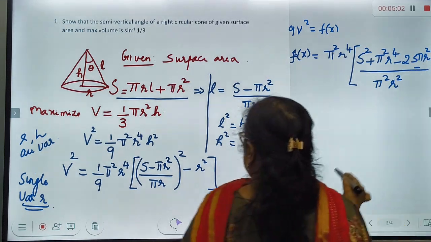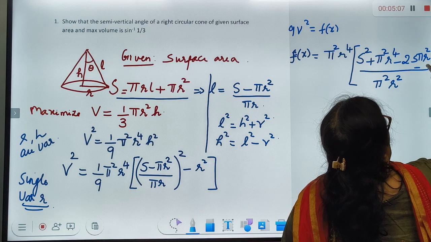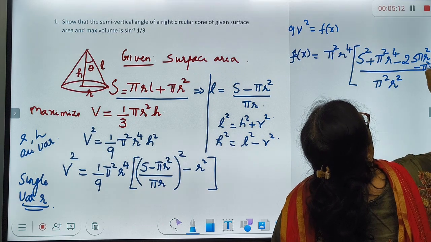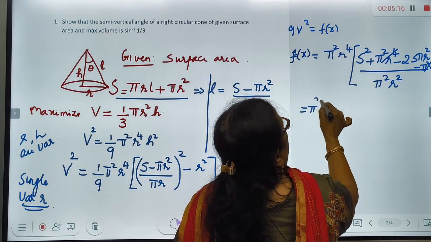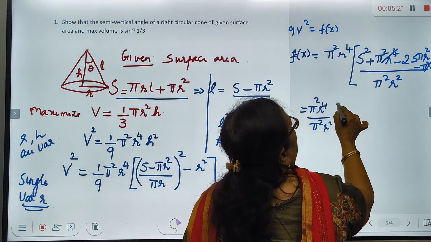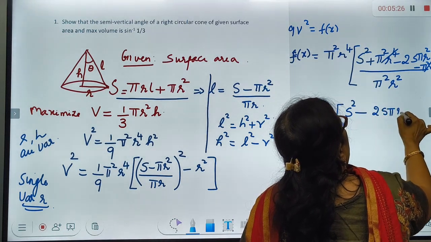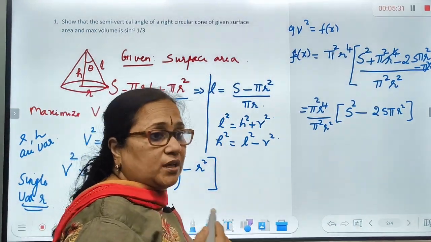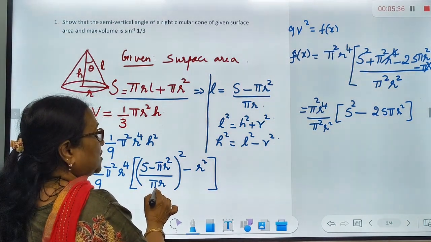Minus, when I take LCM, this will be pi square r power 4, which gets cancelled. So this is pi square r power 4 by pi square r square into s square minus 2s pi r square. See, listen, I am not even differentiating, I am only simplifying.